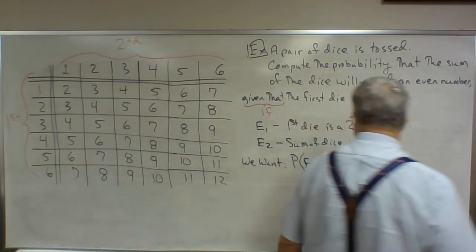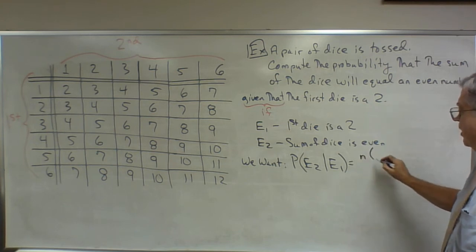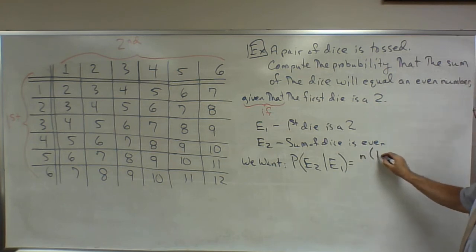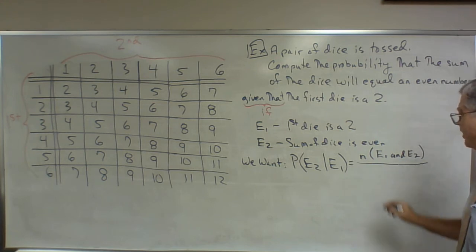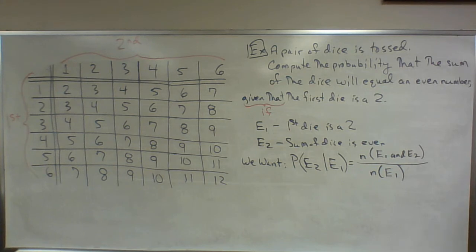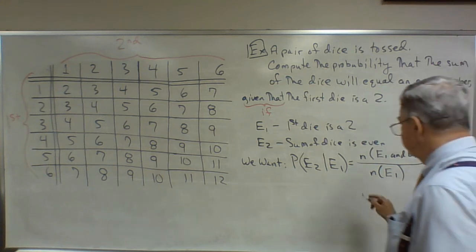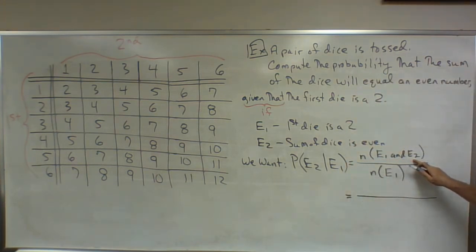And let's write down our formula: the number of ways that E1 and E2 can both happen together over the number of ways that E1 can happen. E1 and E2: first die is a 2 and the sum of the dice is even.